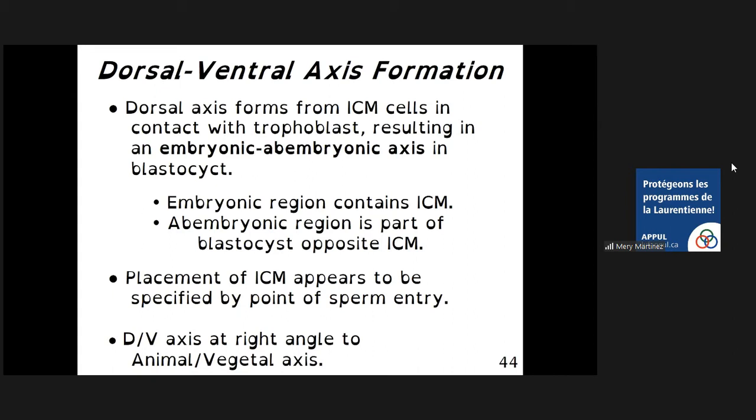So in this case, it's the same. It appears that it's the opposite direction from where the sperm penetrates that we're going to have that inner cell mass formation. So this dorsoventral axis of the embryo appears to form at right angles to the animal-vegetal axis of the egg.